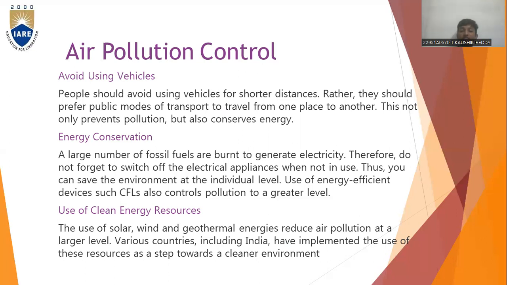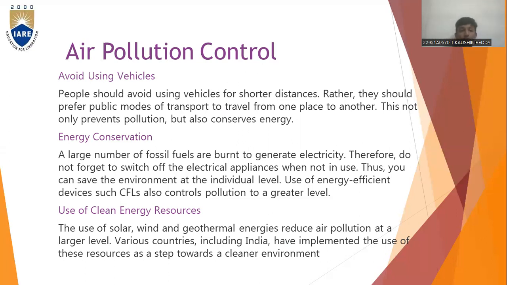Use of energy efficient devices such as CFLs also controls pollution to a greater level. Use of clean energy resources. The use of solar, wind, and geothermal energies reduces air pollution levels.